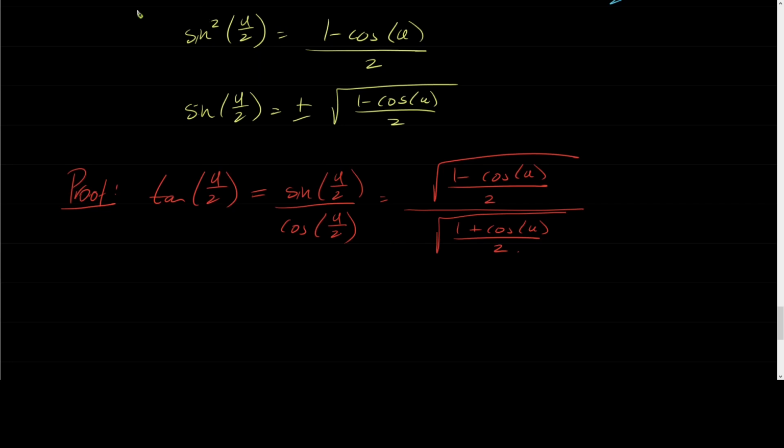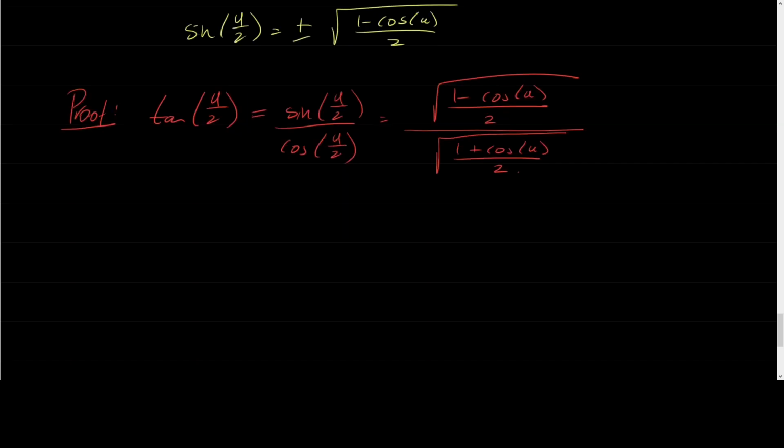Now, we've got a square root on top and a square root on bottom. I can just write all of this to the 1/2, and we're going to have the fraction of 1 minus cosine of u over 2 over 1 plus cosine of u over 2.